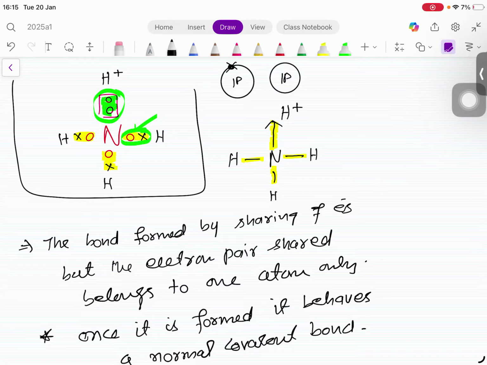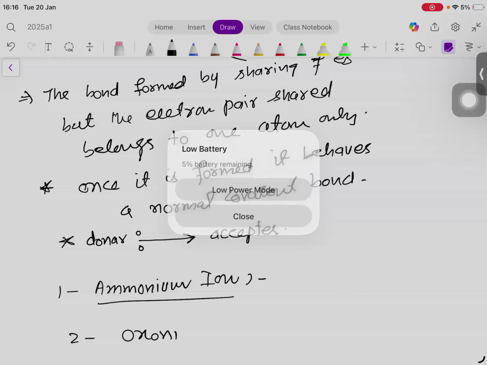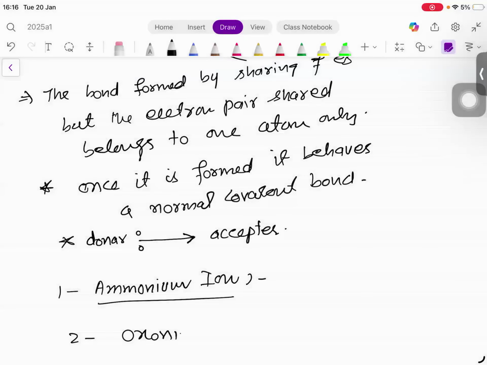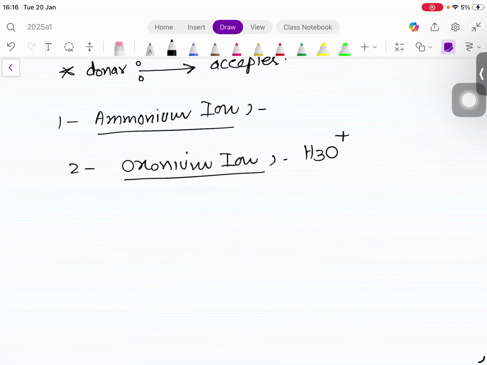Number 2 is the oxonium ion, H3O+. I'm giving you 2 minutes. Please try to first make water, the dot and cross diagram for the water, and then look for the H+ ion.